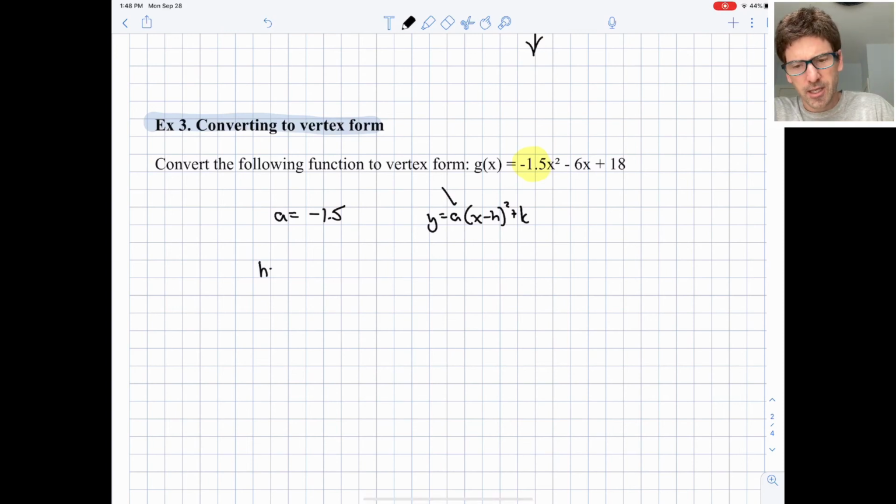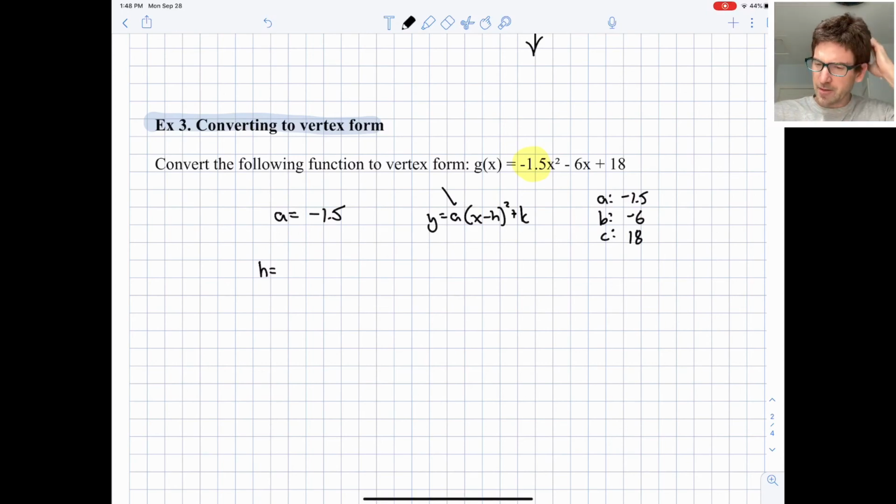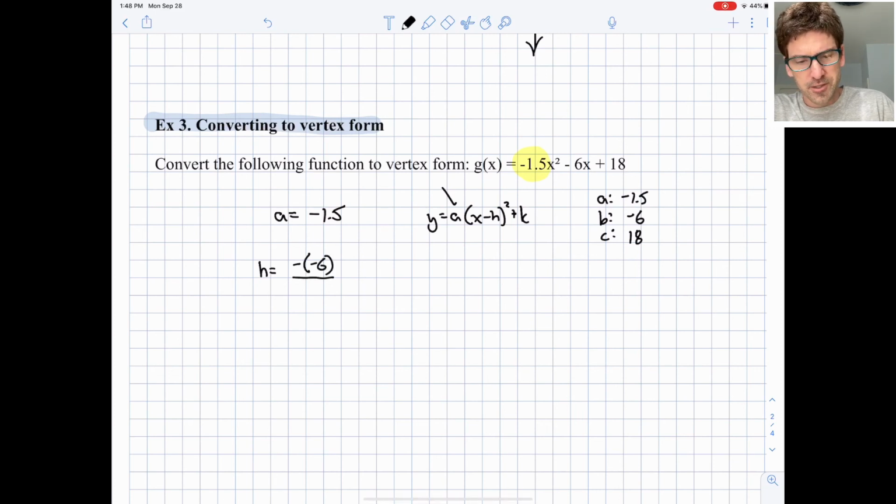So just recall, h is negative b. Now, and for this one, I'll write down what a, b, and c are. Okay, so h is going to be negative b, negative of negative 6, all over 2a. Okay, don't try to do too much in your head. At least I'm liable to make mistakes, so I encourage you to write down as much of your work as you can. 6 over negative 3.